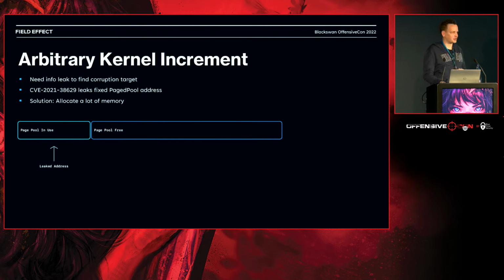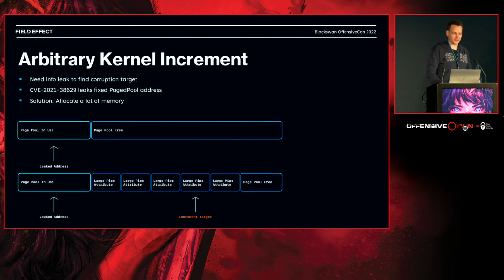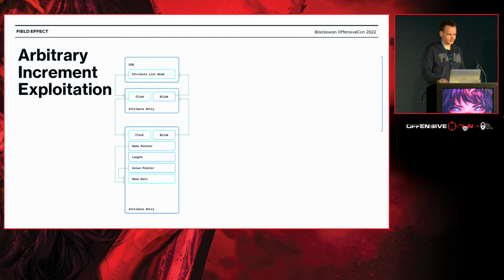The solution was to allocate a whole bunch of memory and then increment some value somewhere where we've grown the pool. We can guess roughly how big the pool is, and if we allocate a bunch of big buffers with large pipe attributes, we can increment somewhere in there, and there's a good chance we can land in one of these newly created buffers. So we go and read all the attributes until we find out where it is.